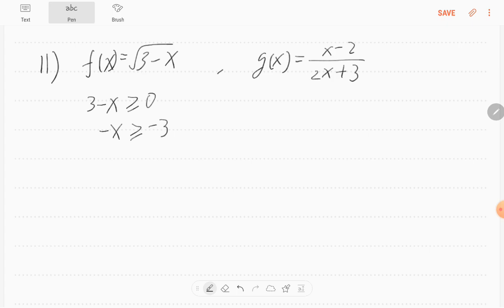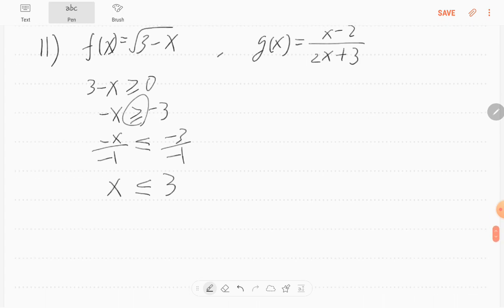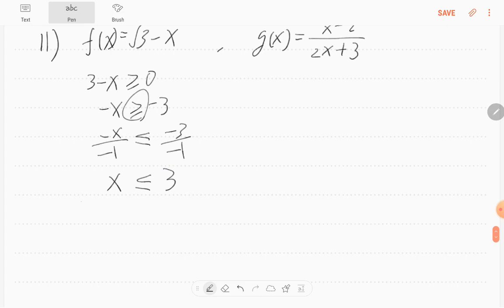Then we divide by negative 1. Because negative 1 is a negative number, if we multiply or divide by a negative number, you should change the direction of the inequality. So greater than or equal to becomes less than or equal to. So we have x is less than or equal to 3. The interval notation for this one is negative infinity to 3, with a bracket.